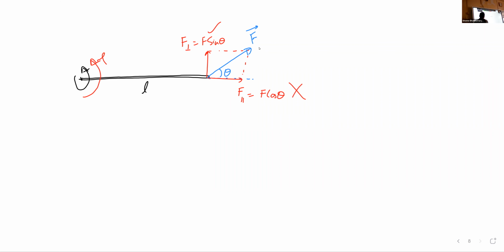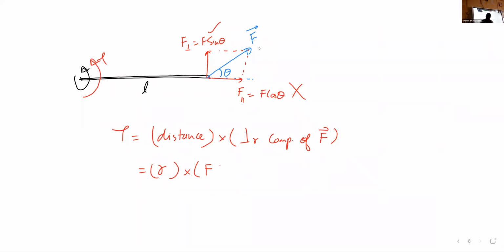So the torque is simply distance multiplied by the perpendicular component of the force. So that distance is r into F sine theta. In this case, that would become whatever the length of that rod is, into F into sine theta.